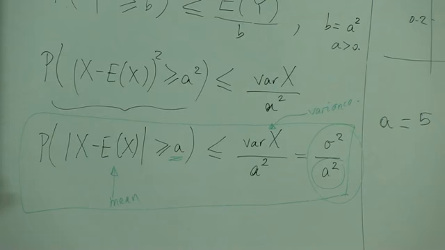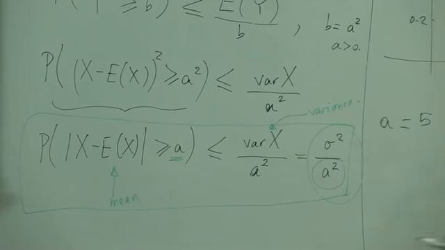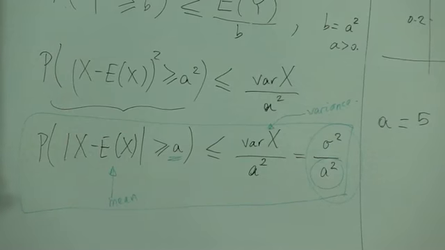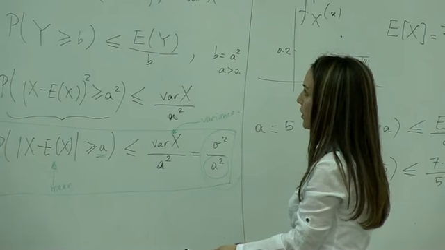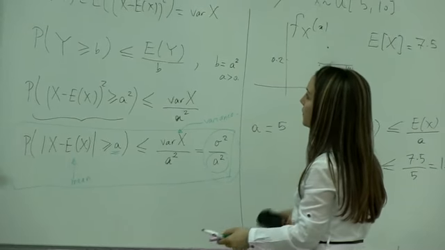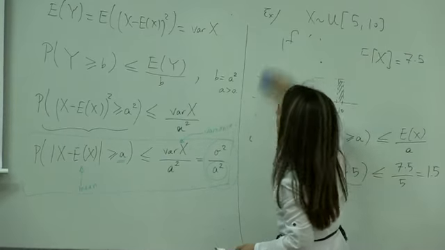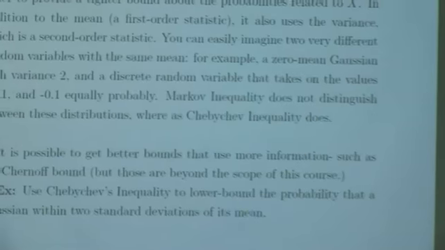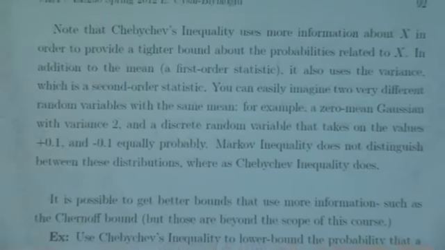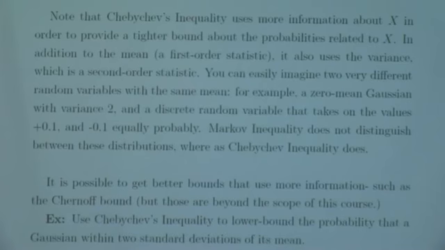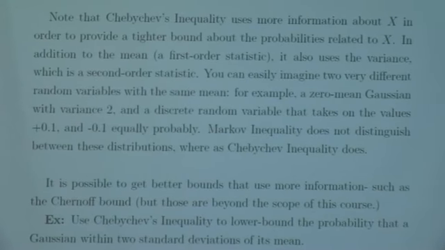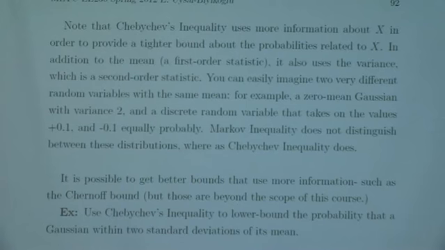So let's just apply this to the Gaussian distribution. And I think it's going to be more concrete when we do that. So the exercise is to use Chebyshev's inequality to lower bound the probability that a Gaussian is within 2 standard deviations of its mean.